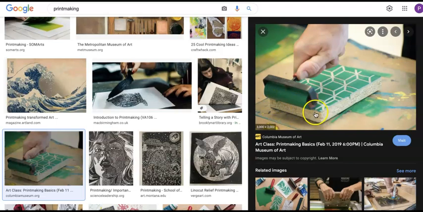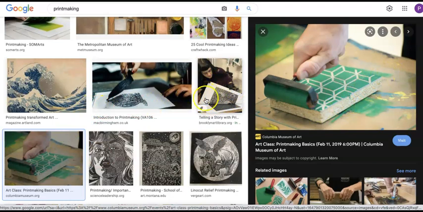So there are lots of different techniques where you might use a block of wood, carve into it, and then you can add color, and then you can press your paper into it so the paper picks up on the ink and the blank spots, which is exactly what Daumier did.